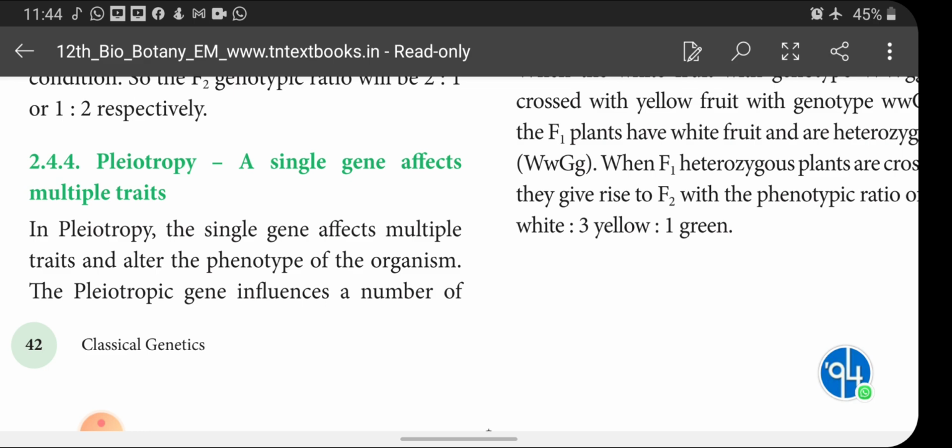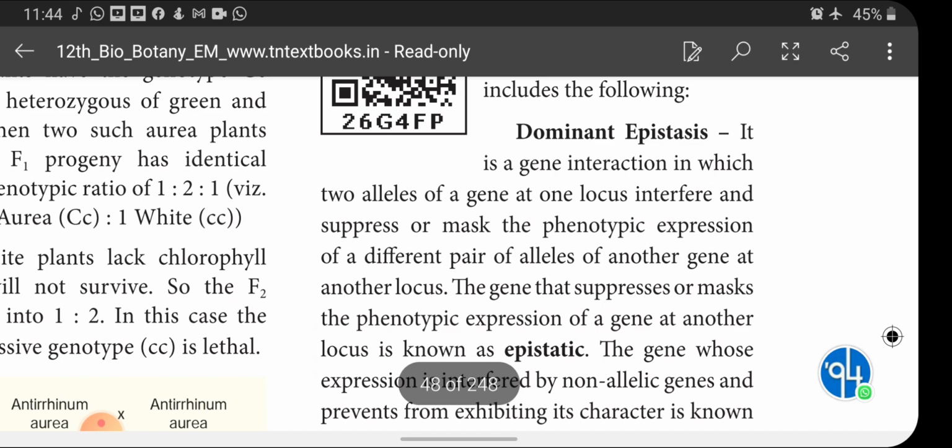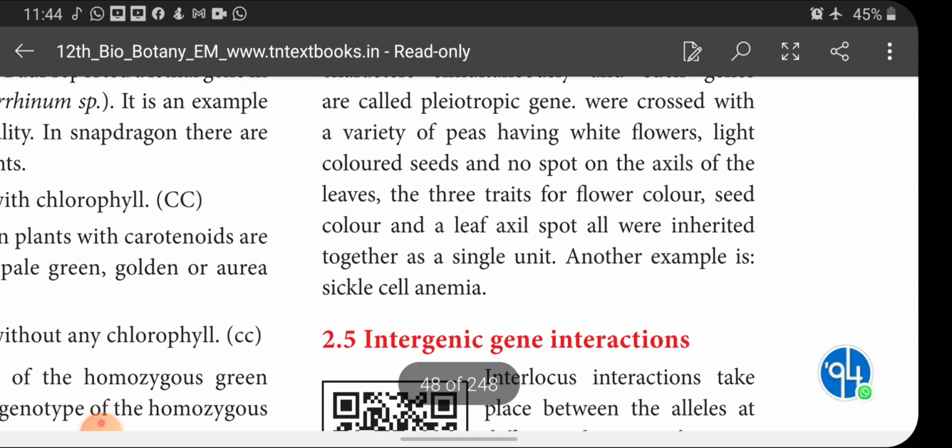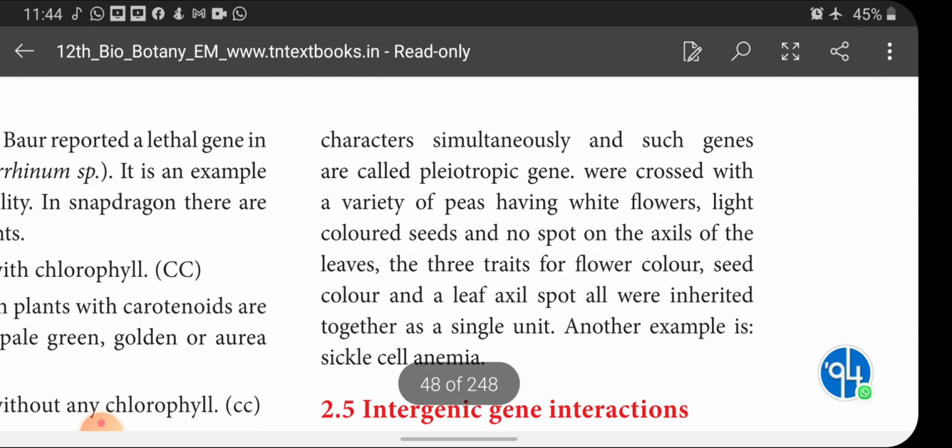The pleiotropic gene influences a number of characters simultaneously, and such genes are called pleiotropic genes. In pleiotropic characters, a single gene affects many characters simultaneously.